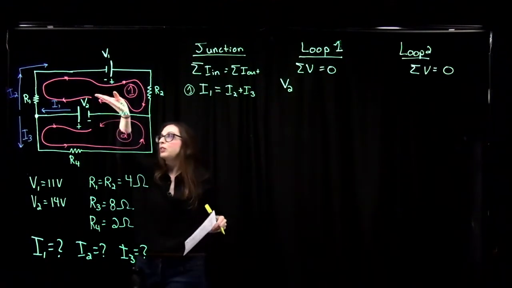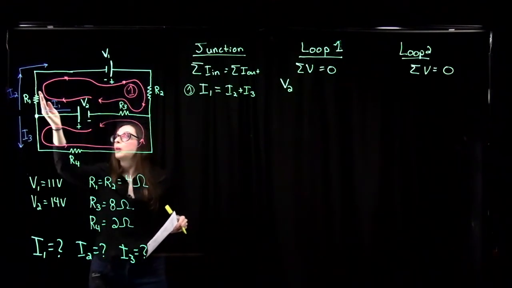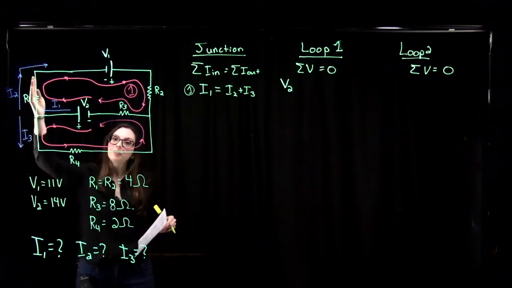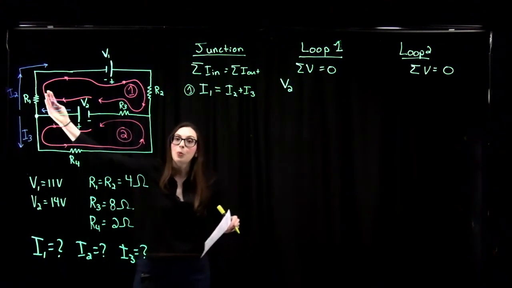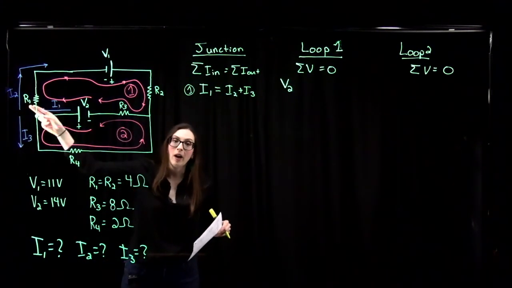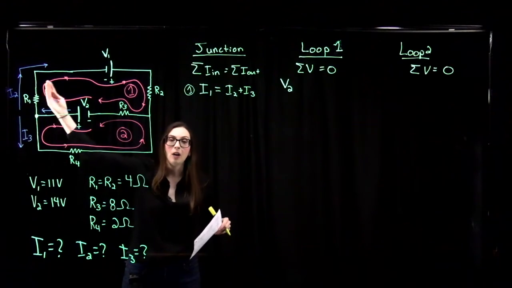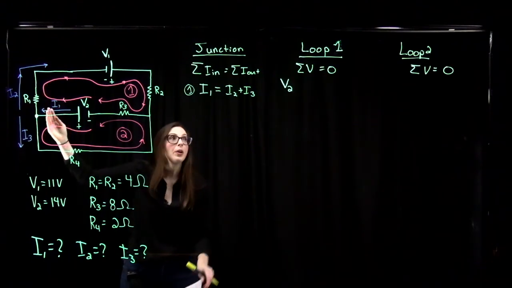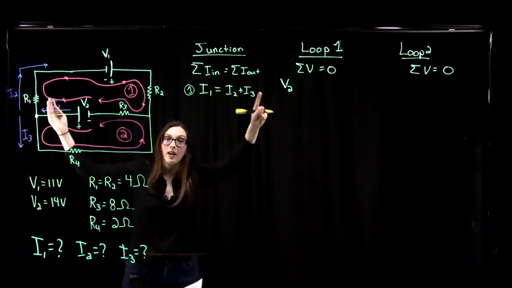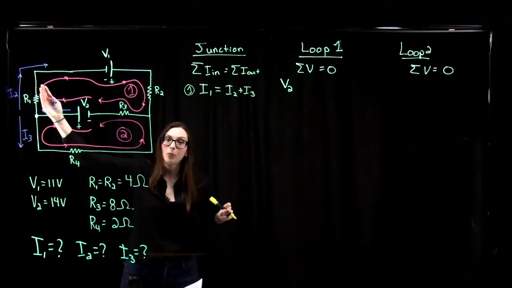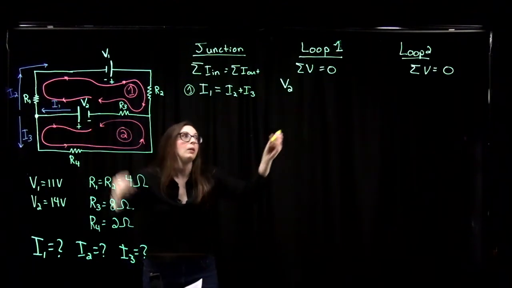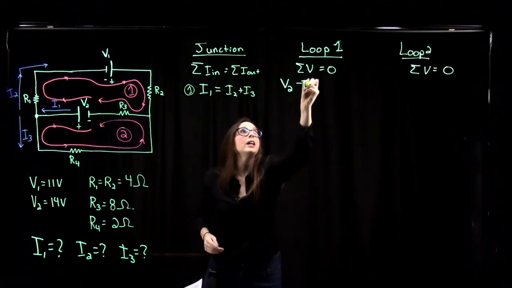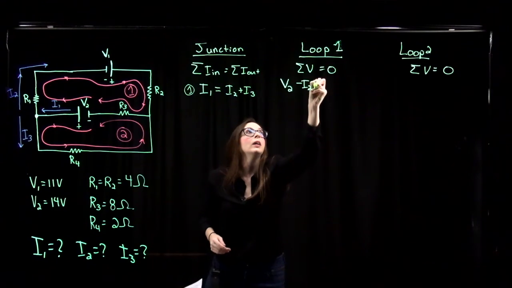And then as we traverse our loop, we come through resistor 1. As we move through resistor 1 in the direction of the current I2, we're decreasing our potential. So we're going to represent the potential as I times R through resistor 1. That potential is going to be minus I2 R1.